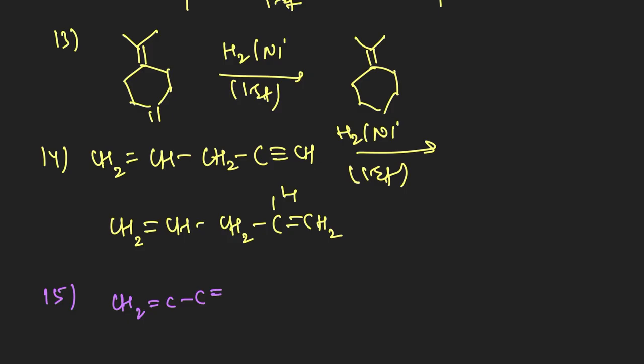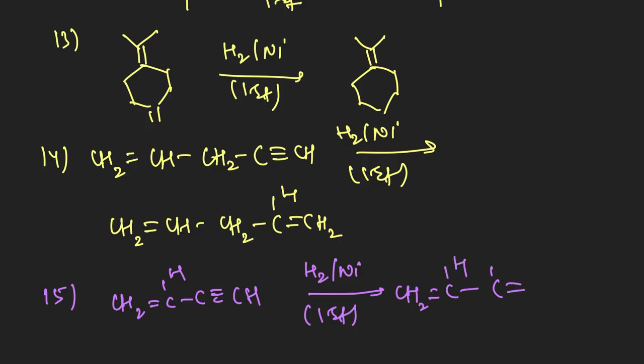Here also we have H2 and nickel in one equivalent. So again the alkyne will react first. 16th. H2, one equivalent, nickel. So it's going to react like this.